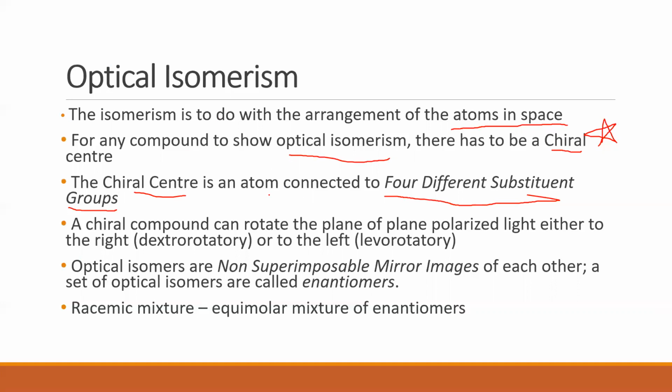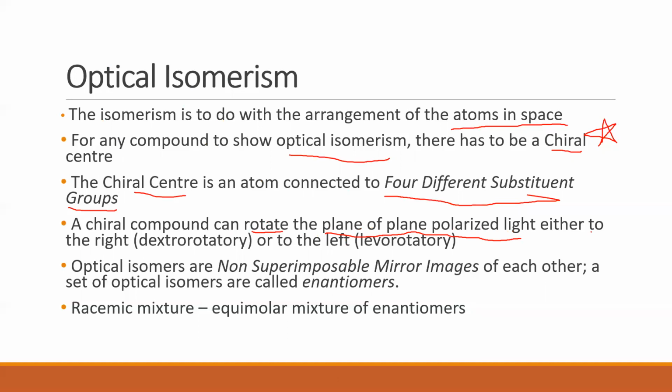So anybody who has a chiral carbon or a chiral center can rotate the plane of plane polarized light. Now, this is a bit difficult to understand. We will understand it with the help of a diagram in the next slide, but let us try to understand what's happening here in terms of words. A chiral compound can rotate the plane of plane polarized light.